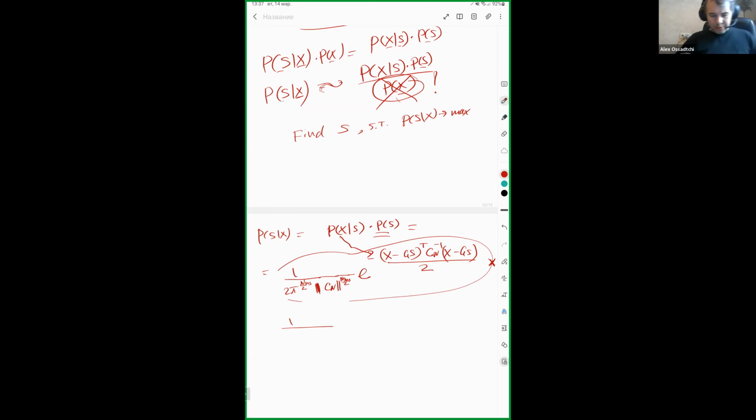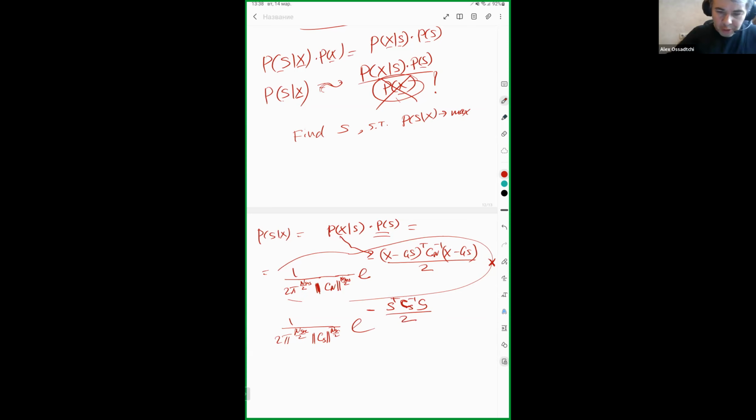Now multiplied by P of S. P of S is yet another one over 2 pi to the n sources over 2, multiplied by C sources to the n sources over 2. We will need only exponents, but just for completeness, e to the minus S transpose Cs inverse S divided by 2.